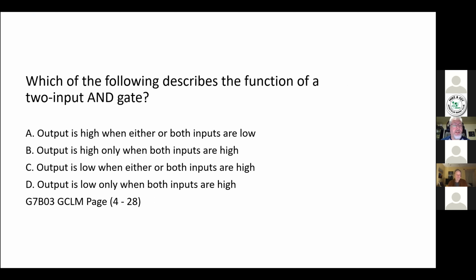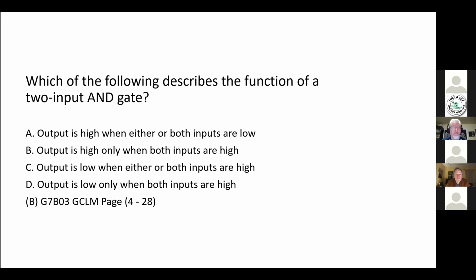C, output is low when either or both inputs are high. D, output is low only when both inputs are high. Bravo. Bravo is correct.